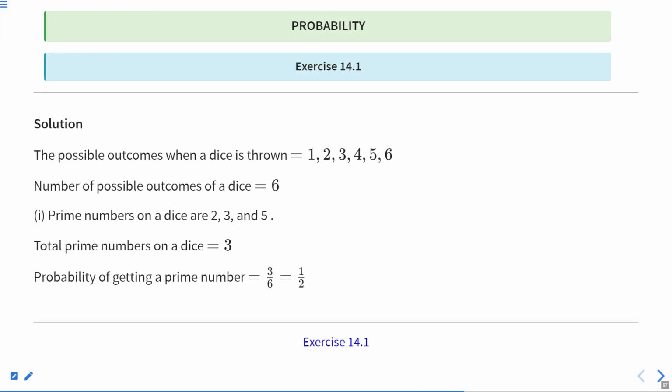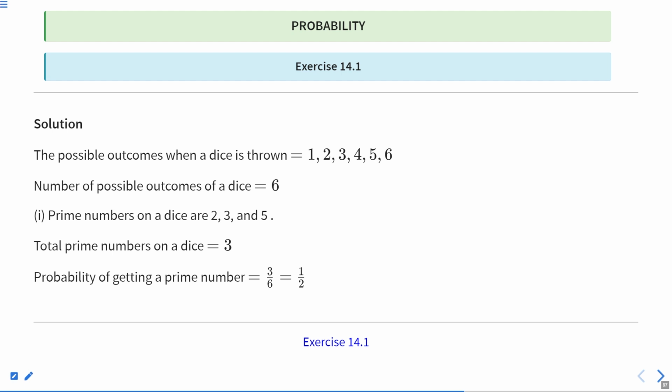Here the possible outcomes when a die is thrown are 1, 2, 3, 4, 5, 6. So the number of possible outcomes of a die is equal to 6. Now let us find the probability of getting a prime number. Prime numbers on a die are 2, 3, and 5.